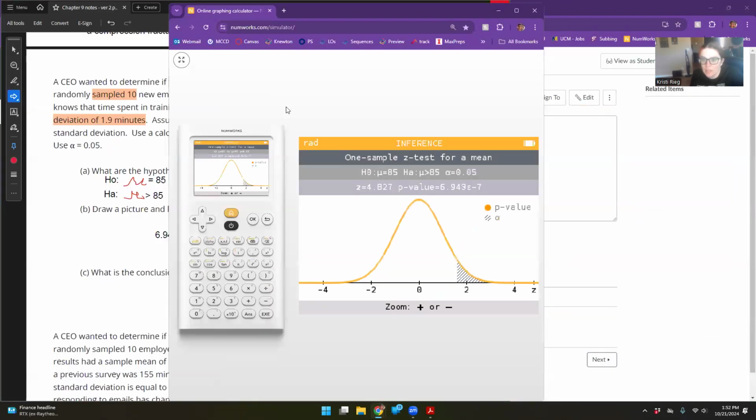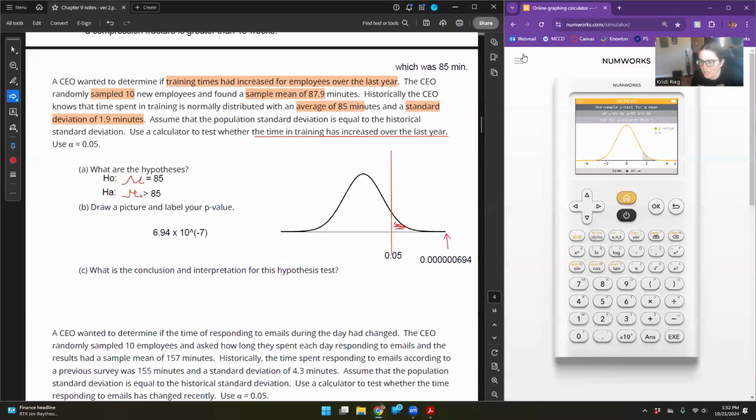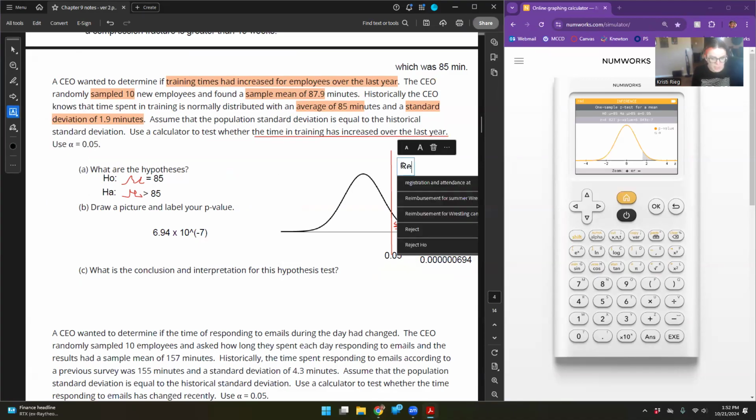So let's move this over somewhere more useful. And all of my Zoom stuff wants to take over. Here we go. Perfect. So that was a lot of looking at stuff to say that we are going to reject the null because it is in the reject region.